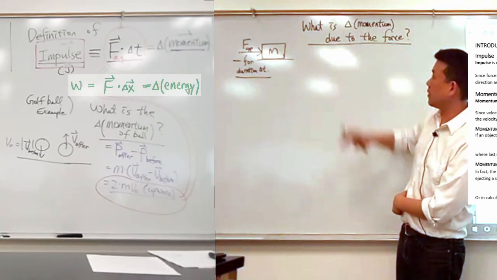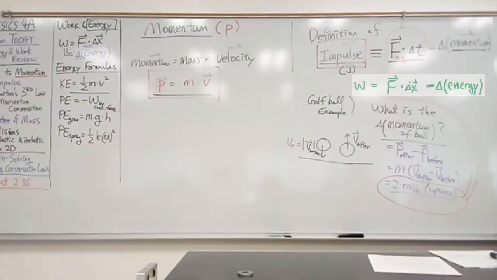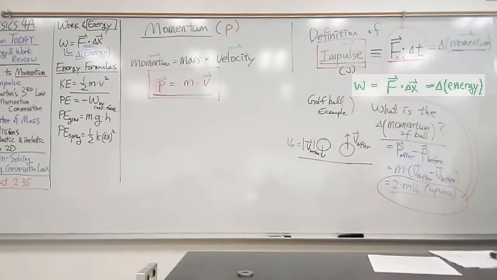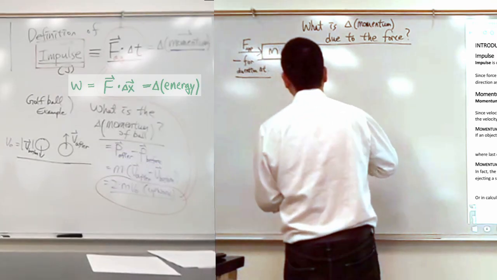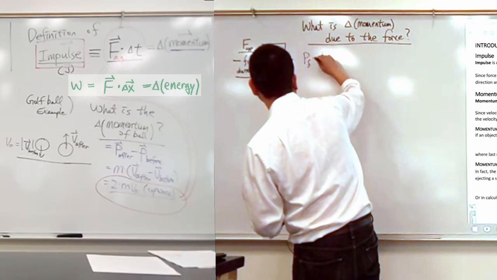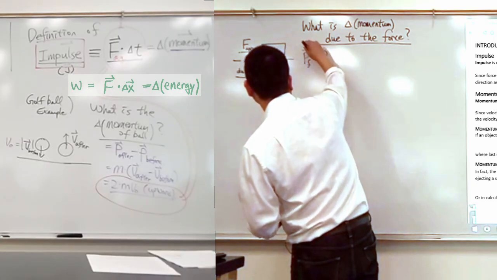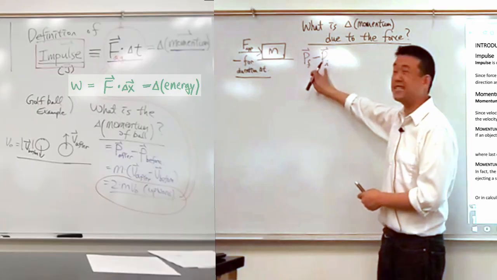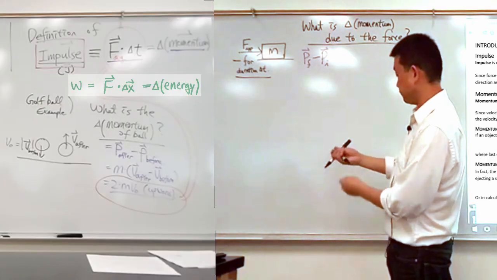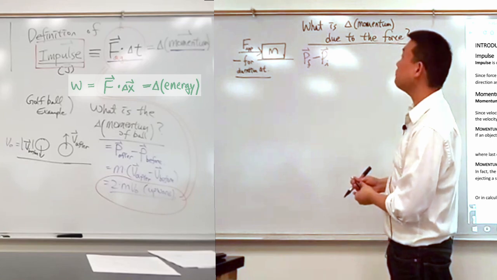I want change of momentum. That means I want change of this quantity. So I'm looking for the final momentum minus the initial momentum before I started pushing it. This could easily be 0, but I just want to keep it general. All right.